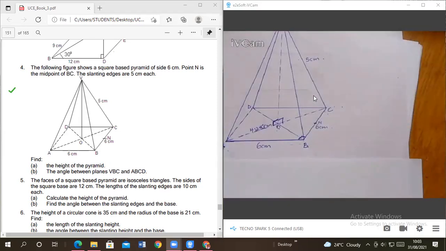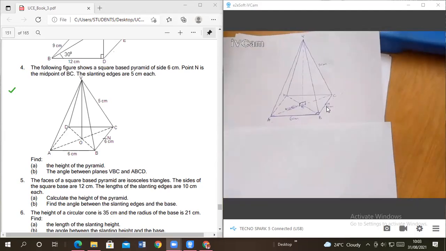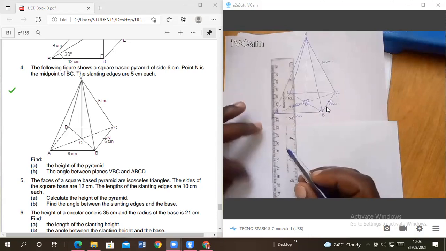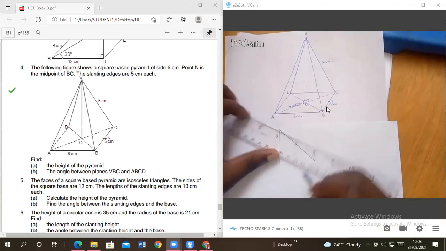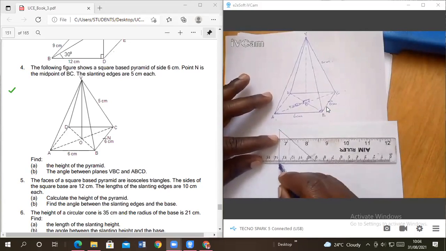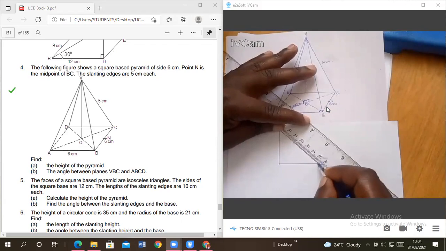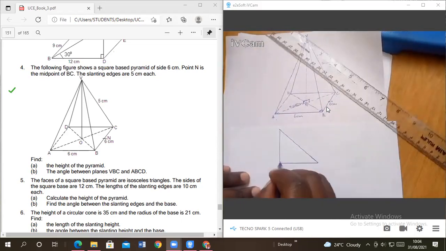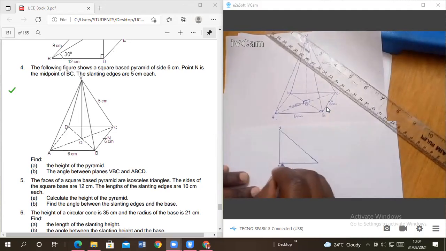So let us go ahead and draw that triangle we're talking about. So I'm drawing triangle VOC. So at O, this is O and this is V. So at O is 90 degrees and OC is also 4.245 centimeters.